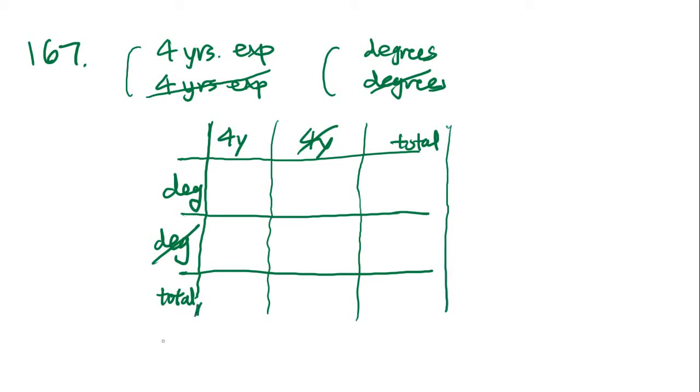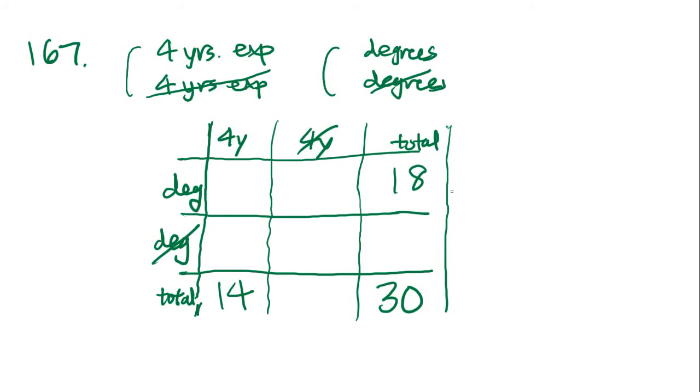Okay, let's look at the rest of the problem. 30 applicants for a job, that's going to be your total. There are 30 people applying. 14 had at least 4 years experience. And 18 had degrees.